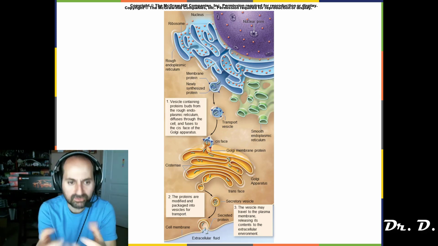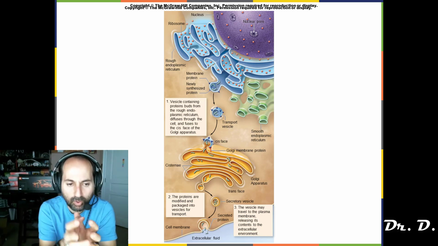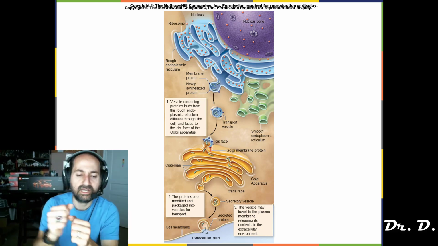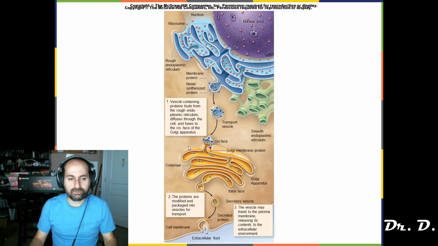It actually fuses to and becomes one with and opens up into the Golgi apparatus. And by the way, do you see this face of the Golgi? This is the side of the Golgi that accepts vesicles from the ER. This is called the cis face of the Golgi. That's the face that's pointing towards the ER, and that's the face that accepts the vesicles from the ER.